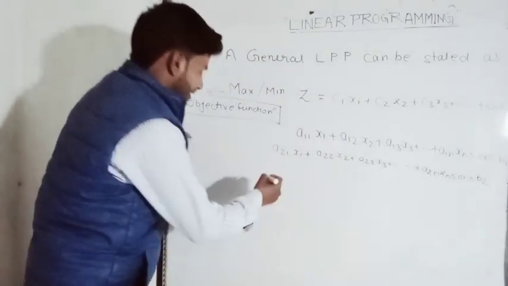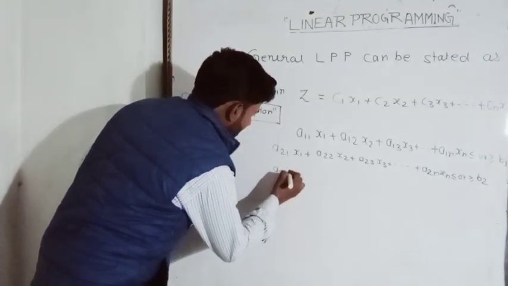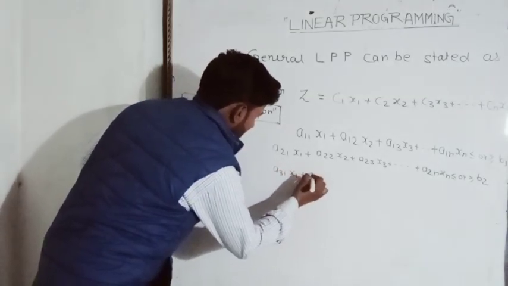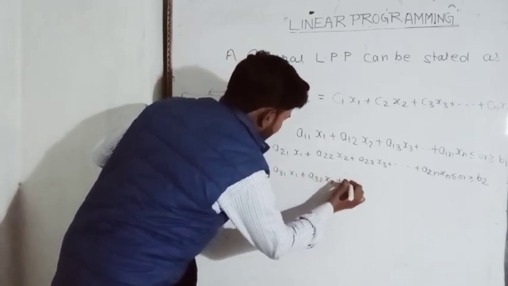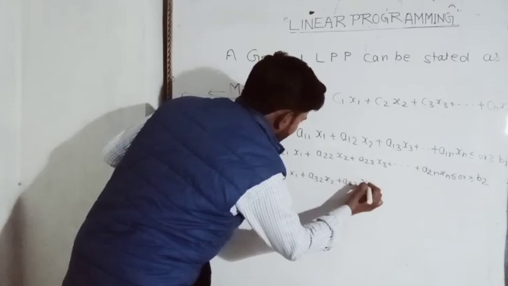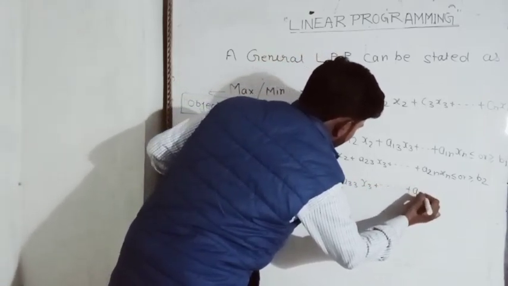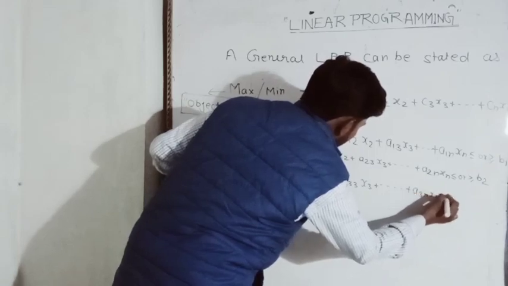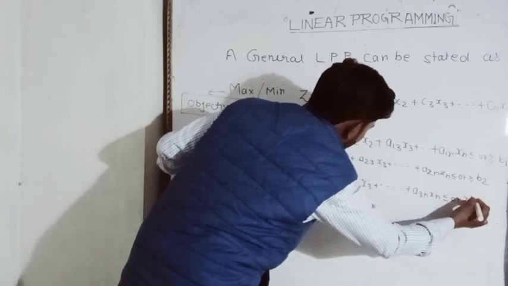Similarly, we can write a31 x1 plus a32 x2 plus a33 x3 plus so on plus a3n xn is less than or equal to or greater than or equal to b3.